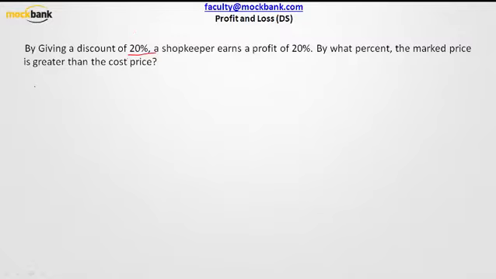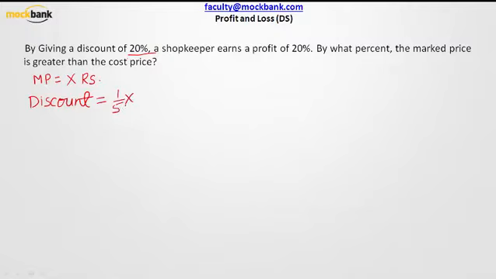So let us try to say in our methodology number one, say marked price. My marked price is given as X rupees. Now I'm being offered a discount of 20%. So 20% is what?